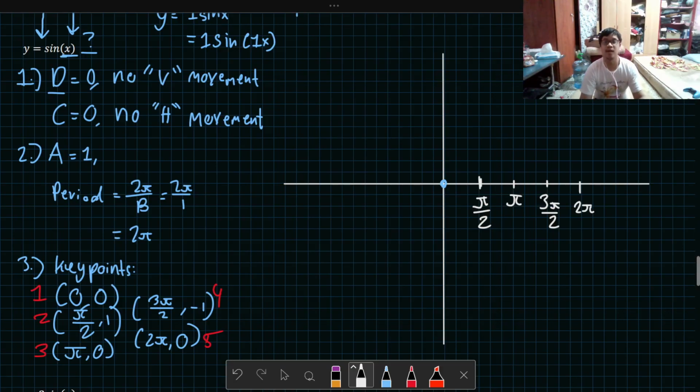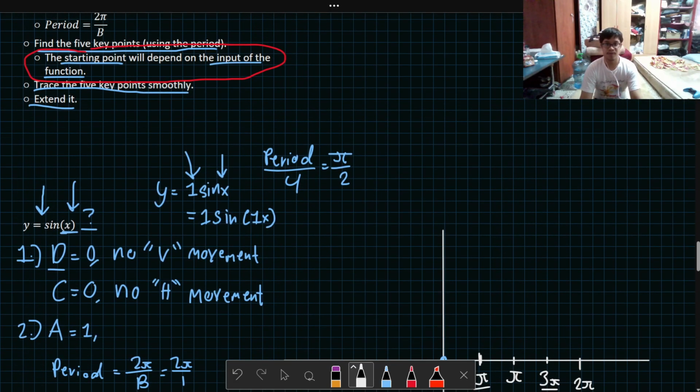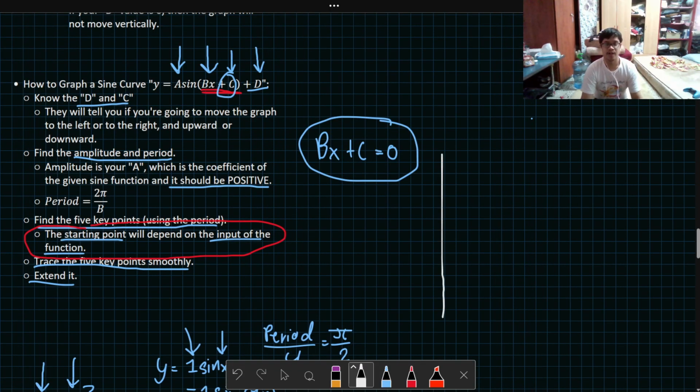Now, if you're asking me why we should use the x coordinates of the key points, it is because if you're going to put integers on the graph, make sure that they have a common difference. Let me give you an example. I have a graph here and the integers here.